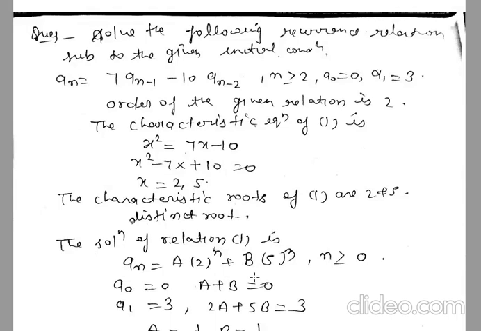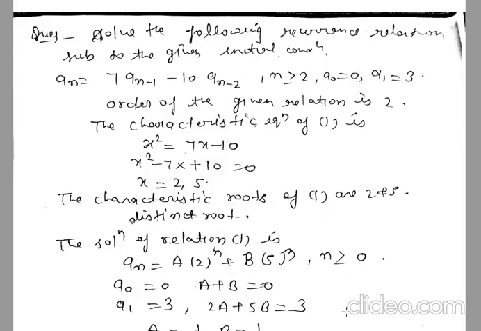You can consider a1, a2, or a, b, c, d, e, f, g, whatever you are taking, that is only a constant, right? It doesn't matter. So a 2 to the power n plus b 5 to the power n.